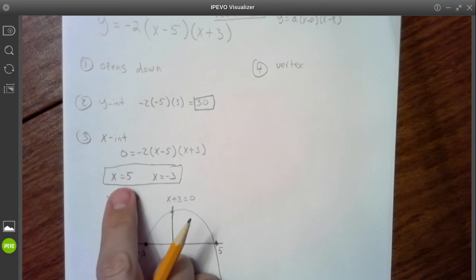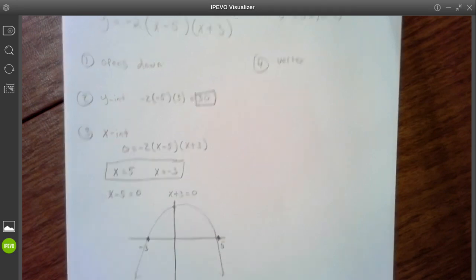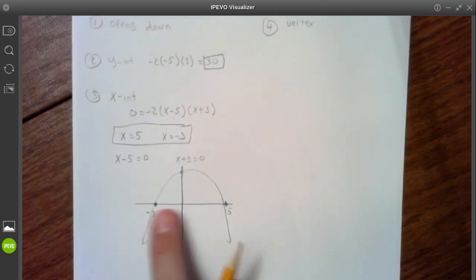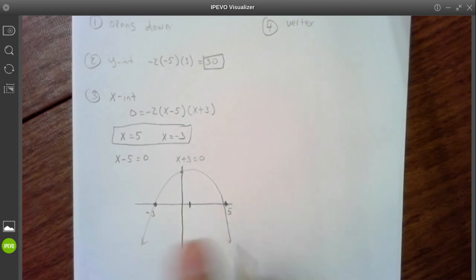Again, we can figure out the vertex based on these intercepts. I told you once upon a time that the vertex is directly in between these two intercepts. So whatever number is directly in between negative 3 and 5, that's going to be the x value of the vertex.